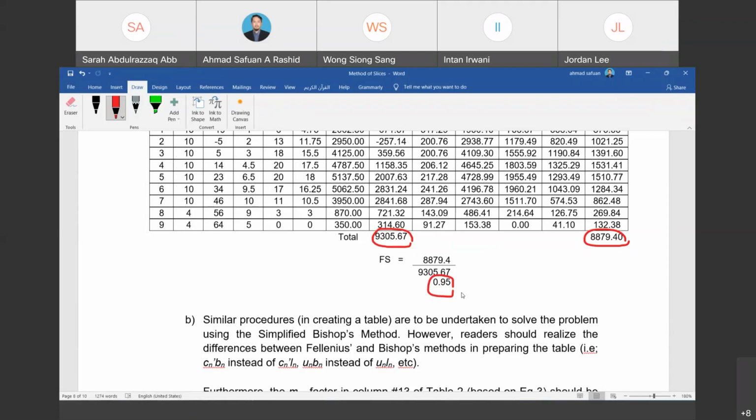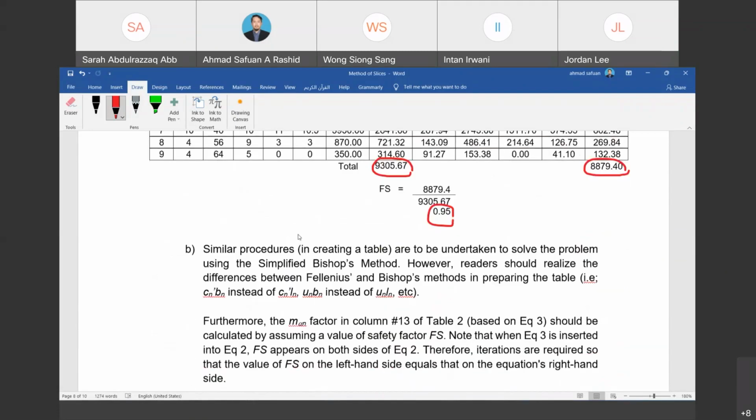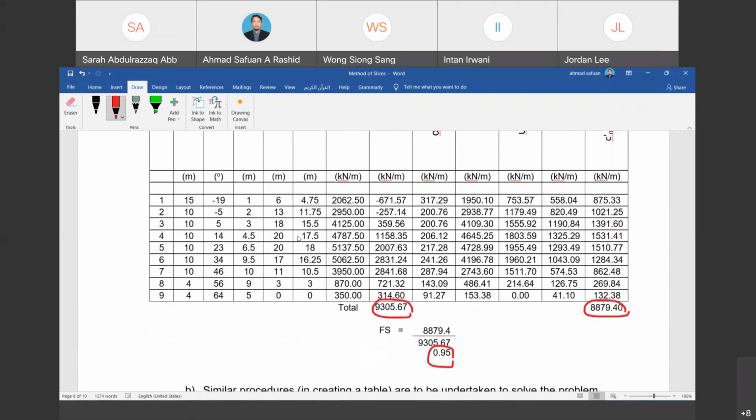But it consumes a lot of time to solve this problem when we increase the number of slices. We can use 4 slices, but later we can look at the factor of safety value. I guess we will have a higher factor of safety value, because as an engineer, we may use the conventional value, where less is better.